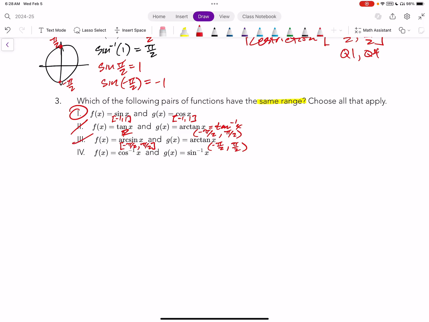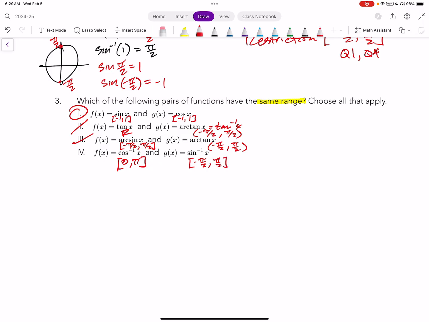The range of the inverse cosine, we had to restrict that, so it's from 0 to pi. And the range for the inverse sine, we had to restrict that too. So that's from -pi halves to +pi halves.